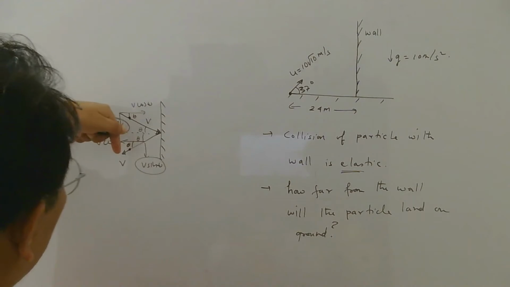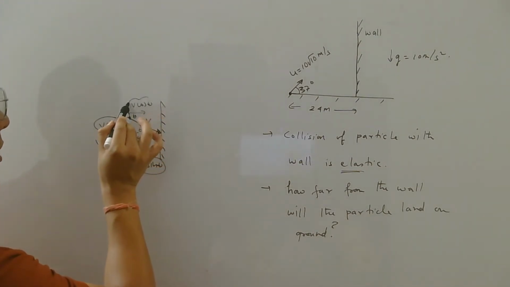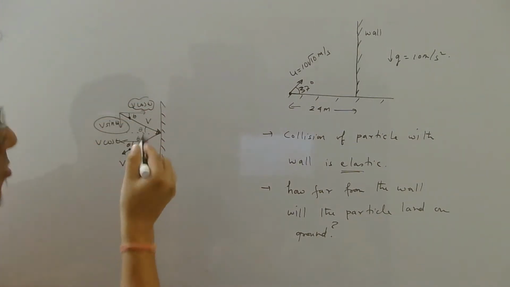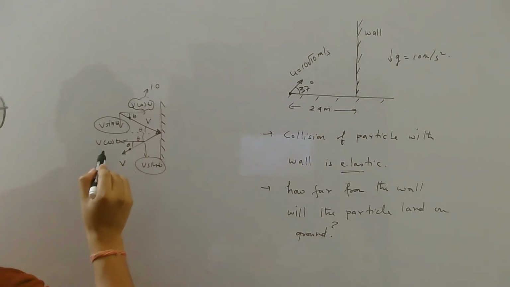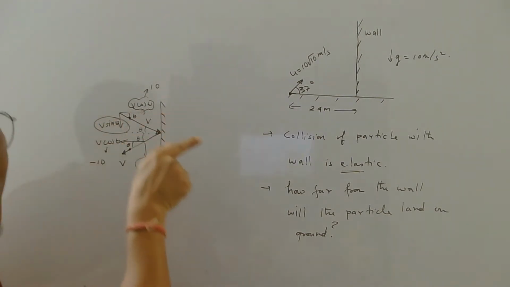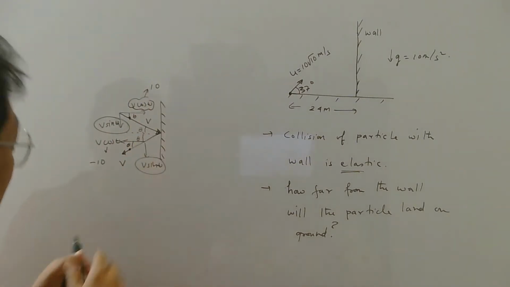So if it is down, after collision also it is down. Whereas the horizontal component after hitting the wall will reverse. So if this is 10, this will be minus 10 because this is opposite direction to this. So that is the meaning of elastic collision with a wall.